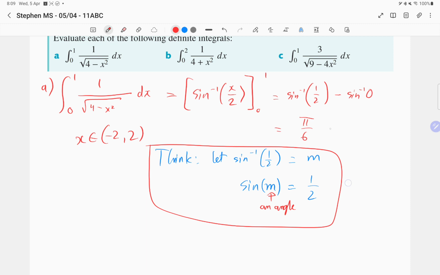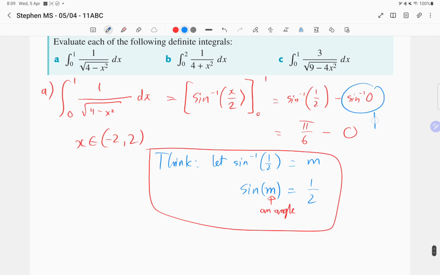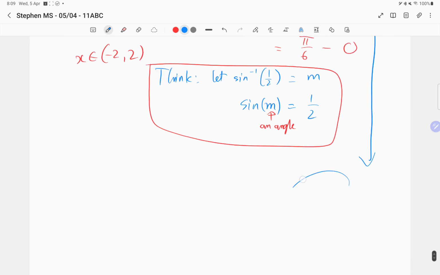And then minus, what angle gives you sine 0? The logic is a bit strange on this one. Instead of having the angle and finding the sine, you're saying this is a sine axis.